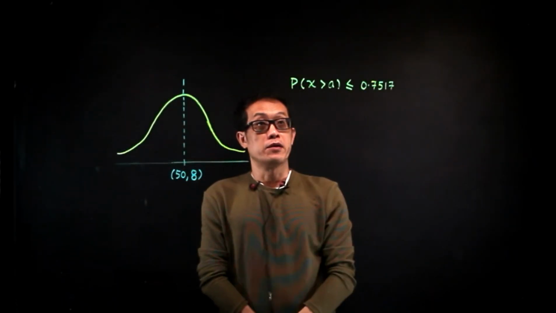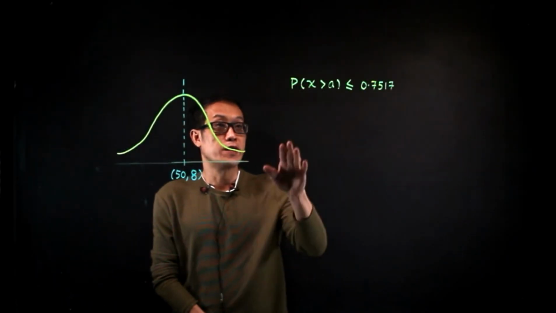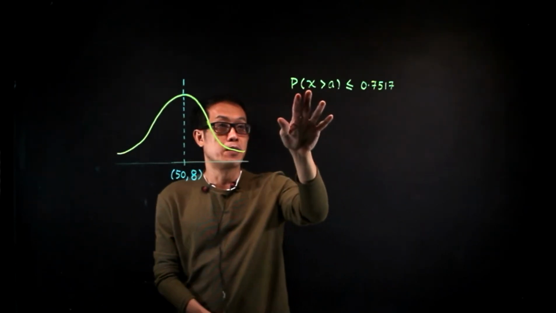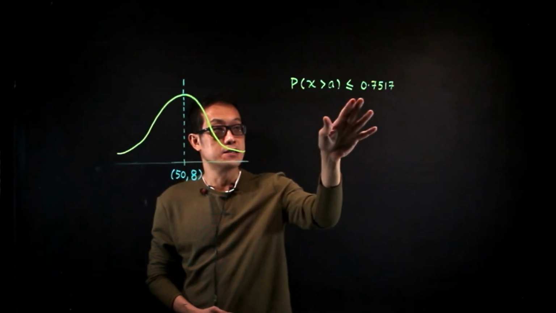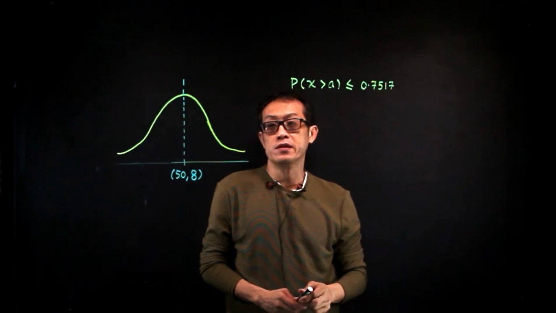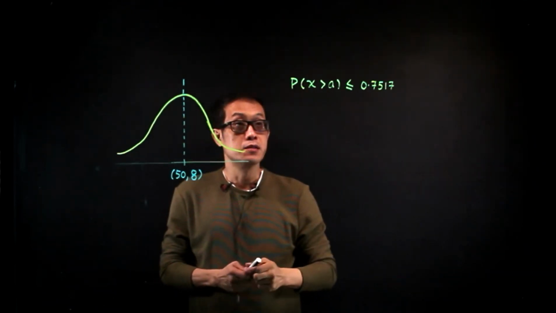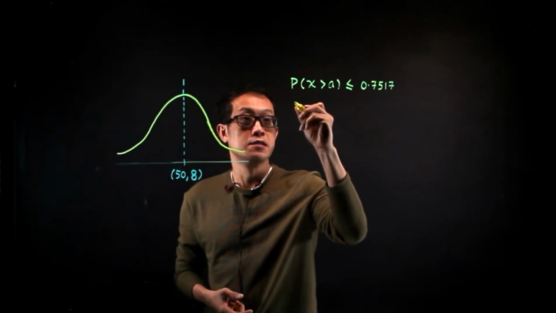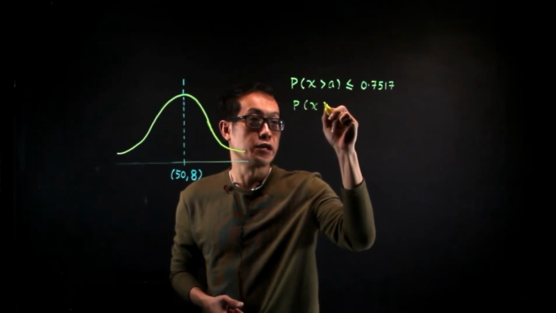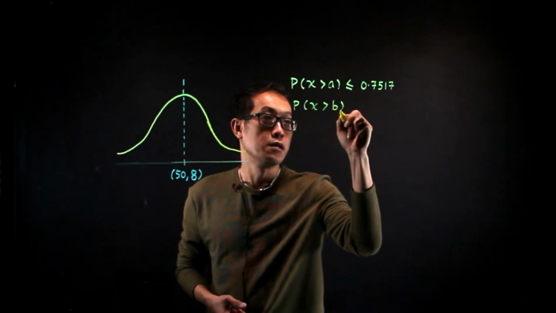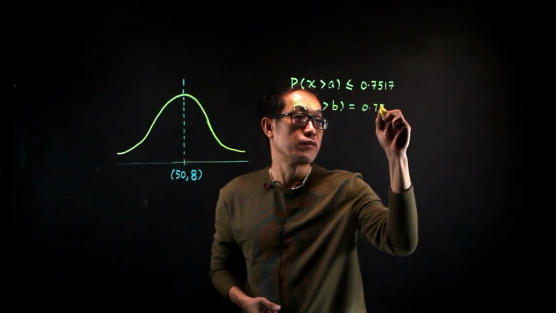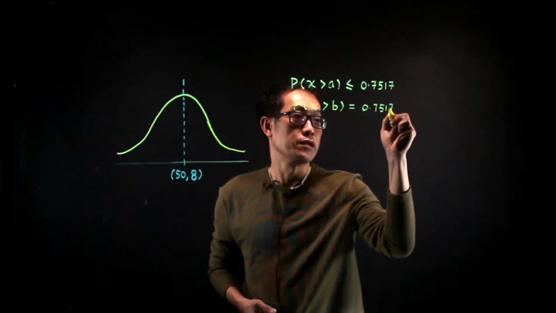Now for the last part of the question, you are asked to find the range of values of A such that the probability of X greater than A is less than 0.7517. Now let's put it as probability of X greater than B is equal to 0.7517.